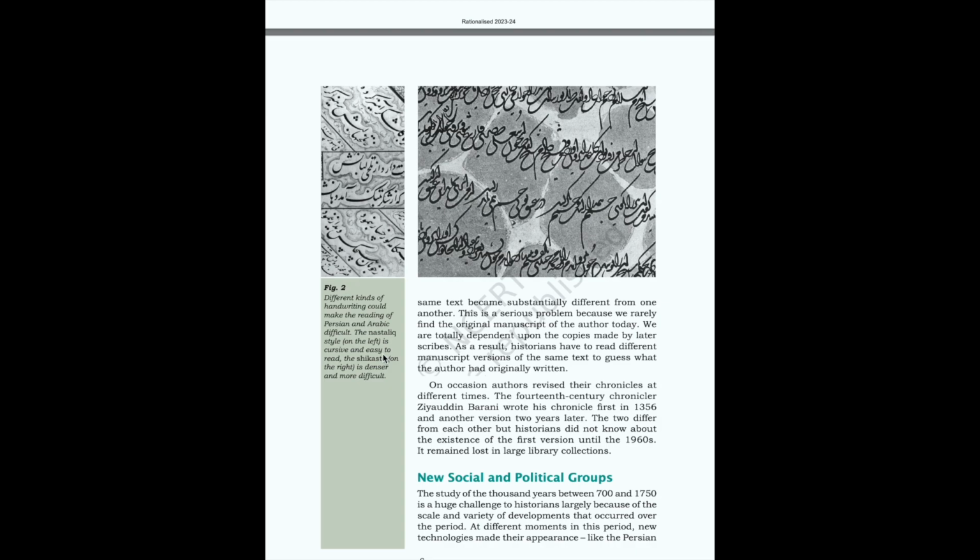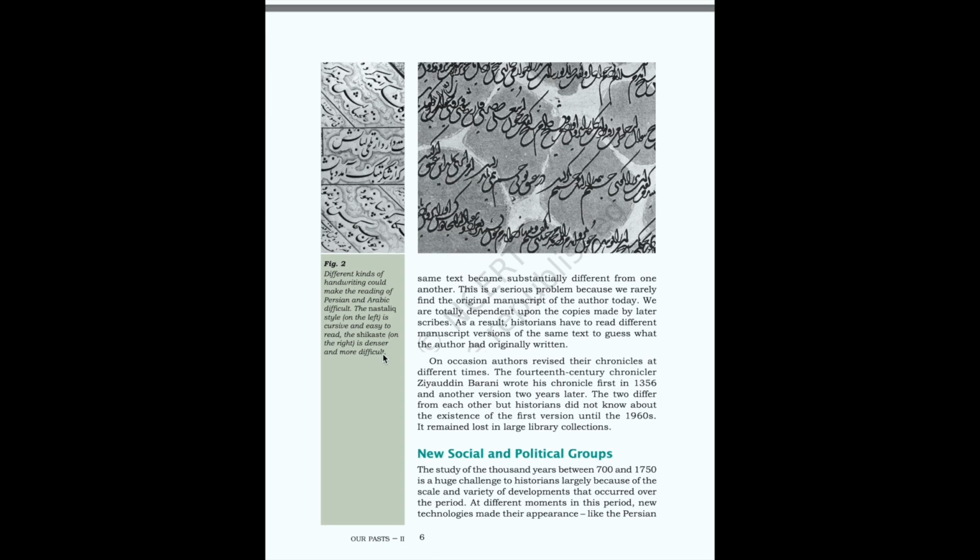This is a serious problem because we rarely find the original manuscript of the author today. We are totally dependent upon the copies made by later scribes. As a result, historians have to read different manuscript versions of the same text to guess what the author had originally written. On occasion, authors revise their chronicles at different times.